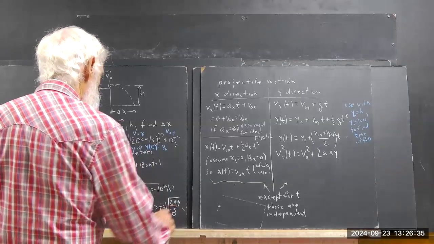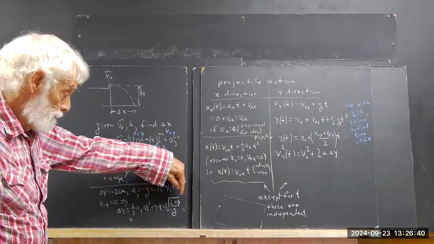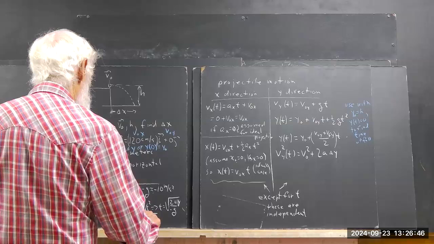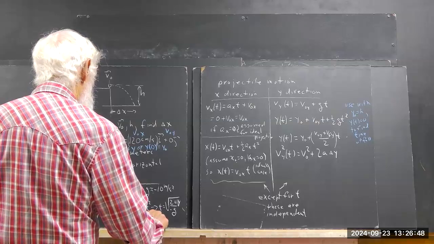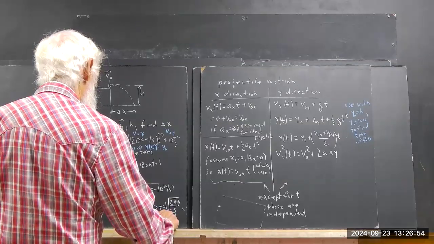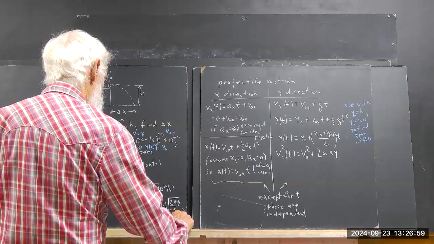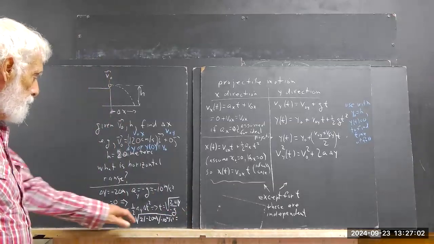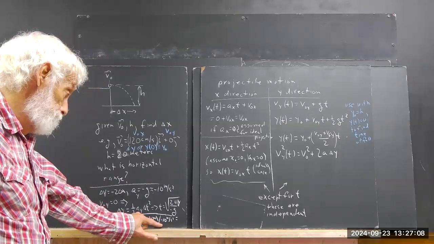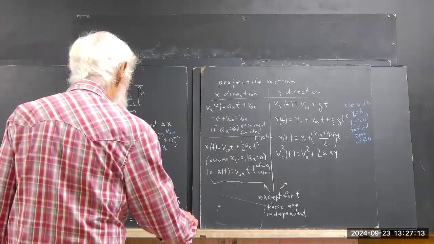You're going from 20 meters down to 0. So it equals the square root of 2 times negative 20 meters divided by negative 10 meters per second squared. That's the square root of 4 seconds squared, which is 2 seconds.